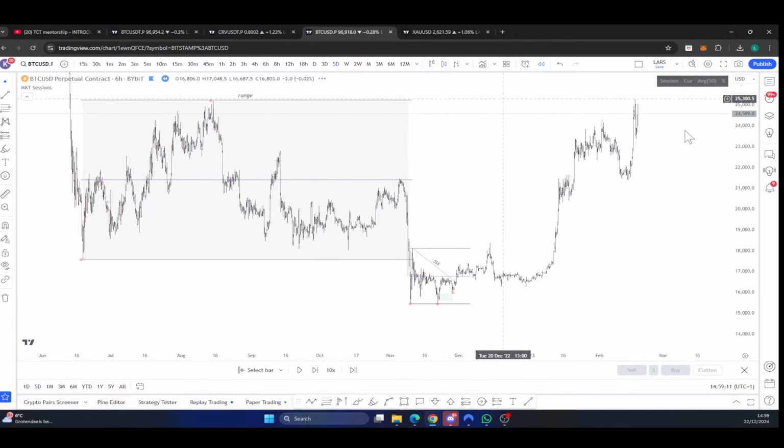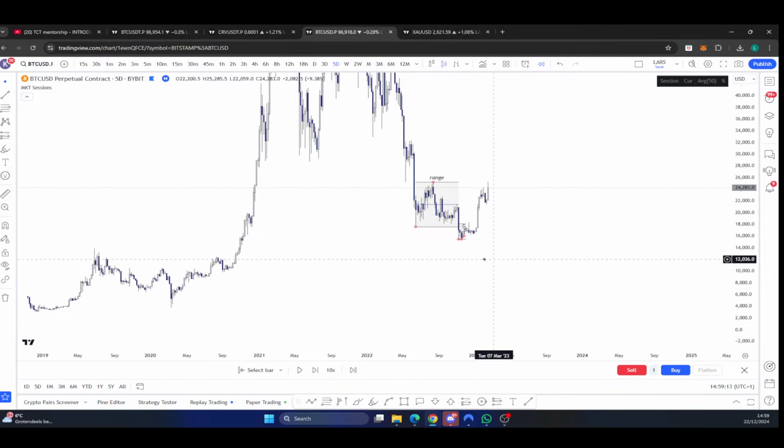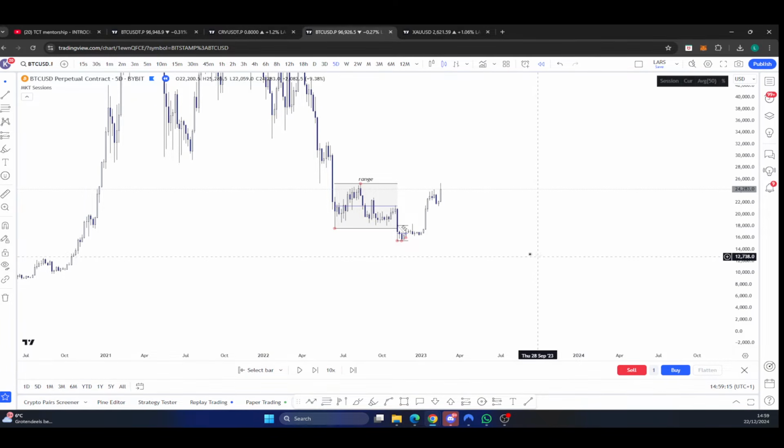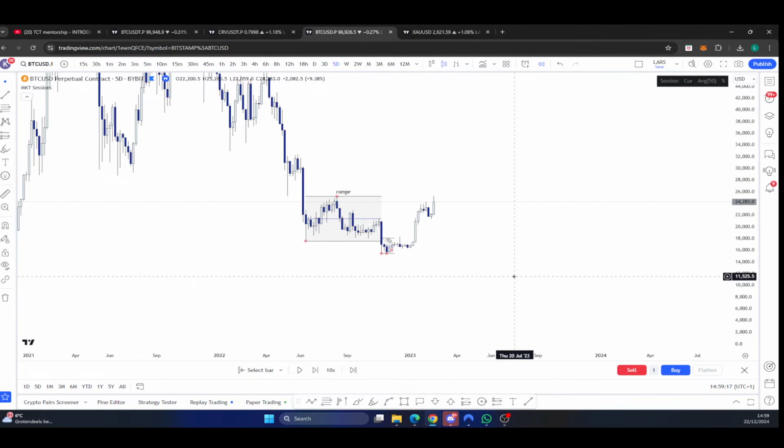Because like I just said, this was a 5-day range, which is absolutely an extremely high time frame. Because I said the minimum is 4 hours. So if you are trading these 4-hour ranges, yes, you want to have a good return to zone. And we're going to come into examples where we do have that amazing return to zone.